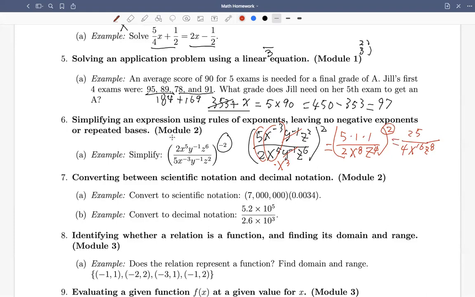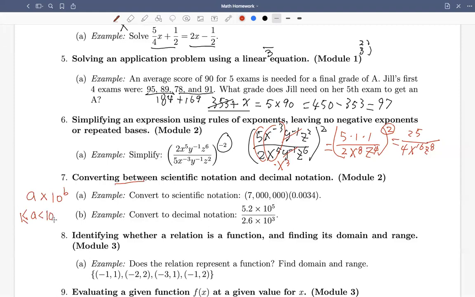Okay. Let's see 7. Converting between scientific notation and decimal notation. So scientific notation requires some a multiplied by 10 raised by b. So a has a limitation. a has to be greater than or equal to 1 and less than 10.